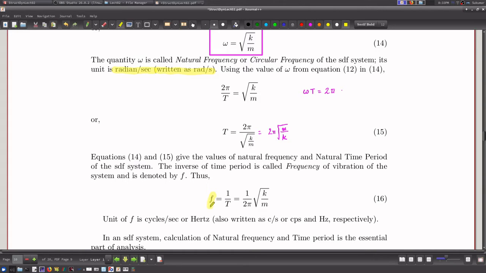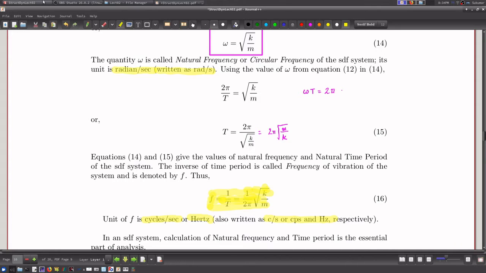It is denoted by f, and obviously it is 1 upon T, so it will be given by 1 by twice pi root over k by m. This is measured in cycles per second, or it is also called hertz. We write in short c/s or cps, cycles per second, or hertz.